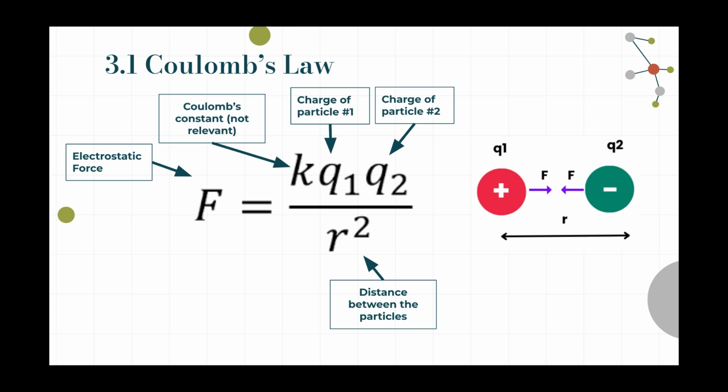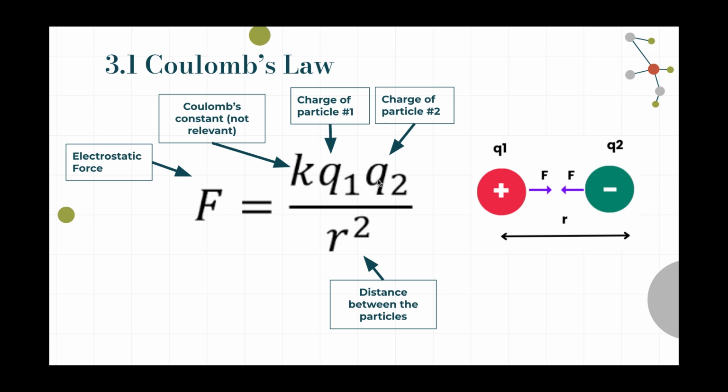Here we have the equation for Coulomb's law. First, F represents the electrostatic force, which is the repulsion or attractive force. K is a constant, so it's just a number that stays the same, and it's not too relevant right now to our understanding, so let's just ignore that for now.